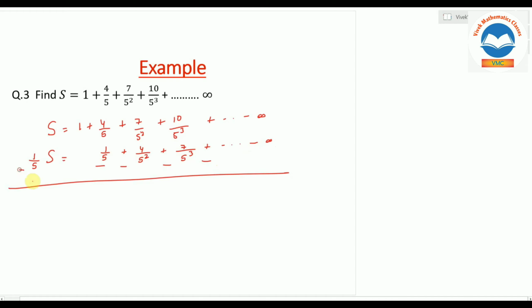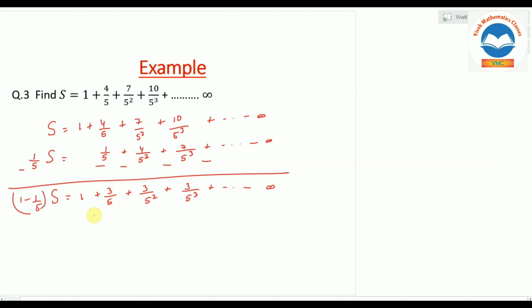All the signs will be changed. So here you will get 1 minus 1 by 5 into S will be equal to 1 plus, 4 minus 1 will be 3, 3 by 5 plus 3 by 5 square plus 3 by 5 cube and so on.